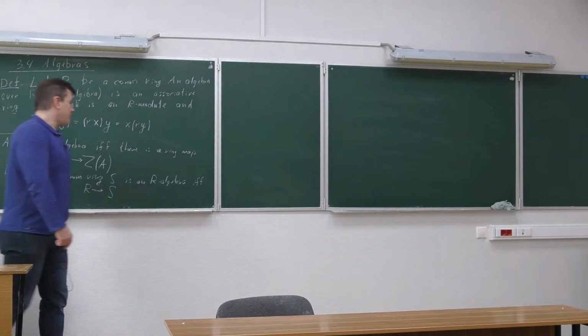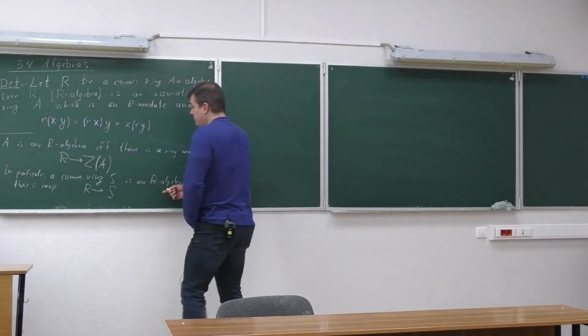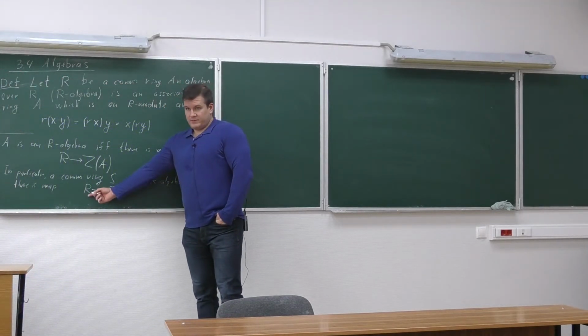So in the commutative world, it's very easy to think about algebras as just a ring with an additional map.